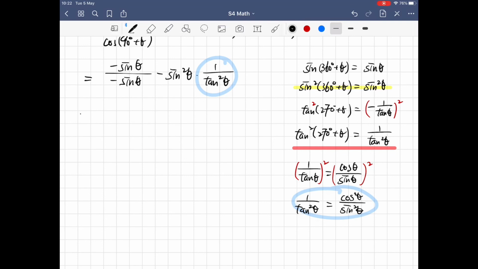For the next step we have 1 minus sine square theta times cosine square theta over sine square theta. As you can see, the sine square theta can be cancelled out, and we will have 1 minus cosine square theta, and we can get the final answer, that is sine square theta.